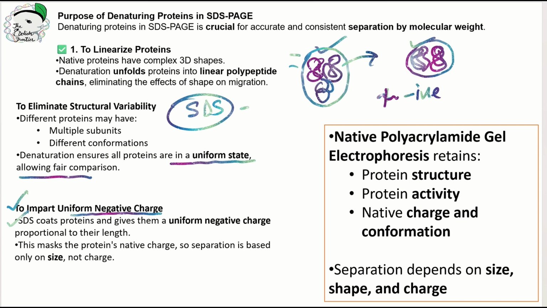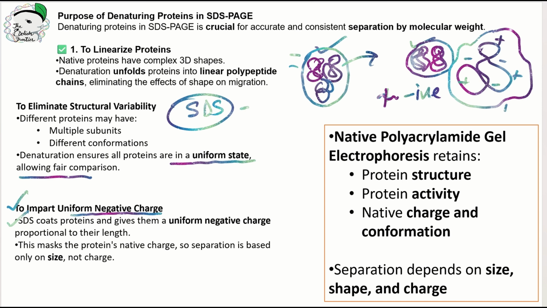Let's suppose this protein has some positive charge, negative, positive, negative, because of the variation in the amino acids. If you want to migrate this protein towards the positive side, the positive amino acids will create a repulsion, and the negative charges will create an attraction.